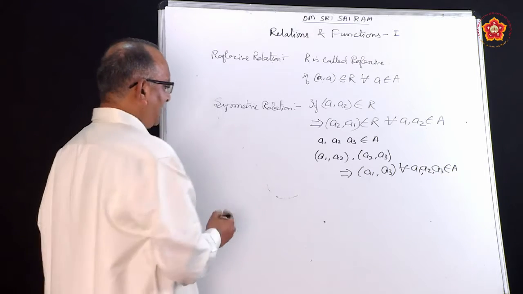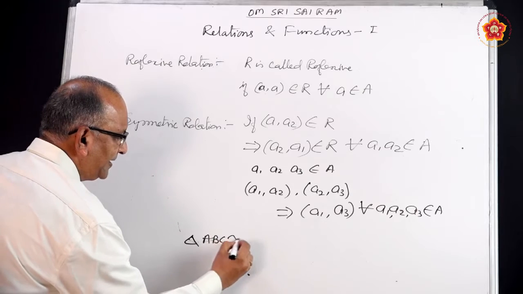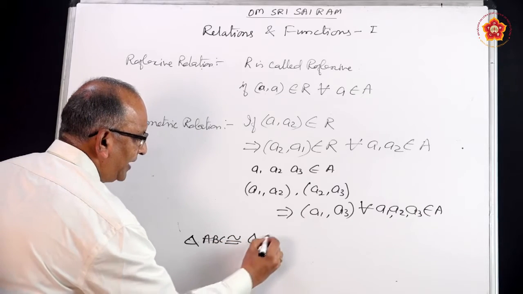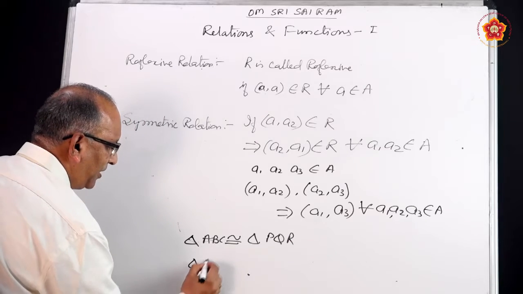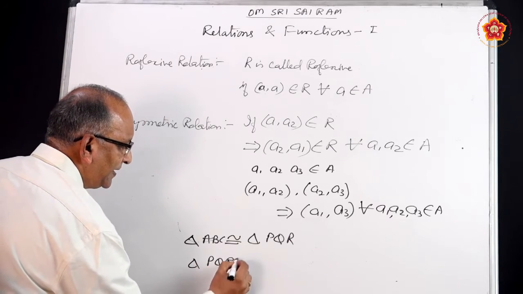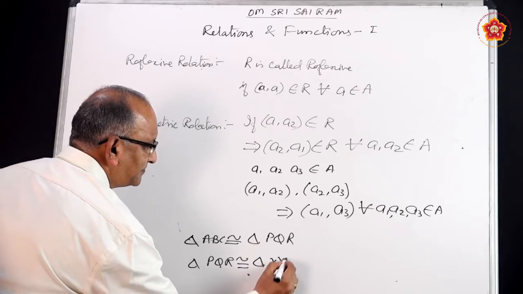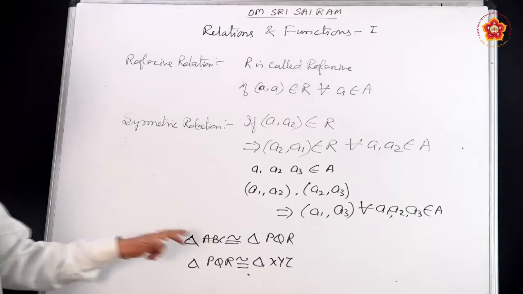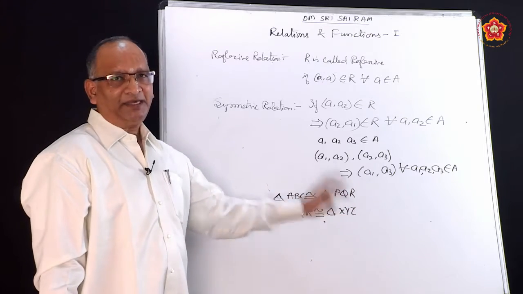What we are trying to say? Triangle ABC is congruent to triangle PQR, and triangle PQR is congruent to triangle XYZ. The first triangle is congruent to the second triangle, which is congruent to the third triangle.